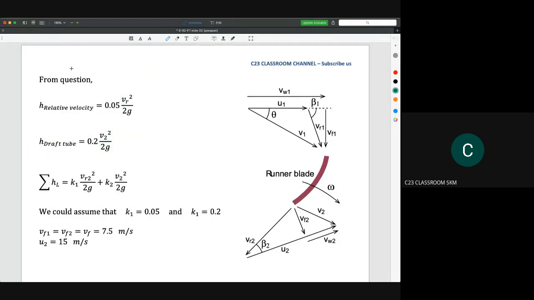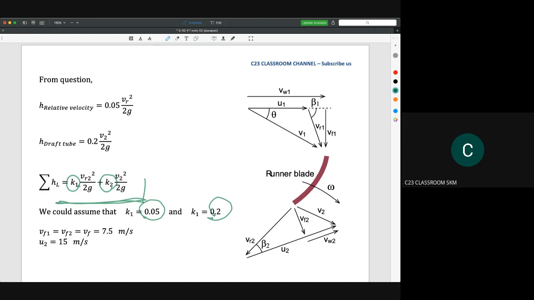This is what you need to understand from this question. So if we have the equation k1 VR2 square over 2g plus k2 V2 square over 2g, we substitute the value of k1 as 0.05 and k2 as 0.2, and then we calculate.